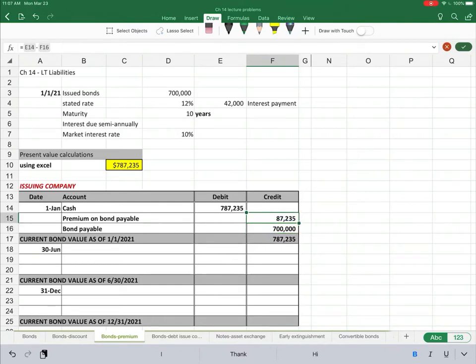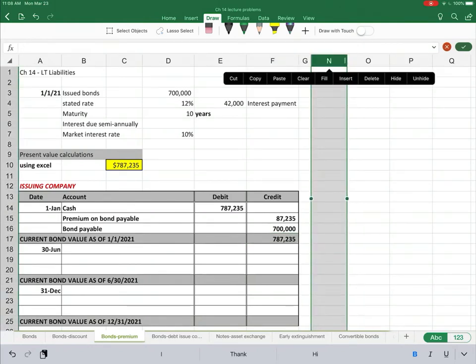The bond plus its premium gives us the total bond value as of January 1, 2021. And as we see this bond value over time, it's going to decrease. So we start high with the bond premium and we work our way down to $700,000.